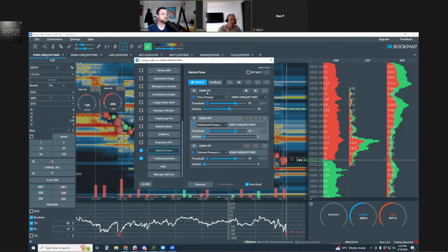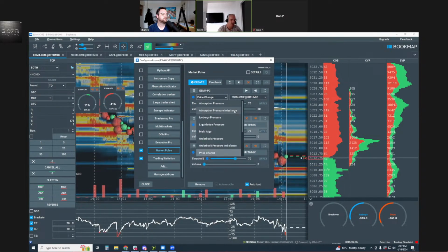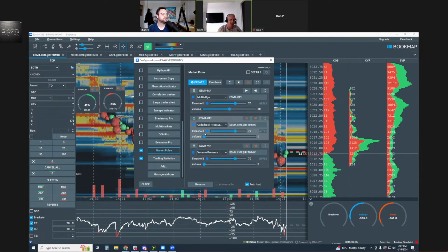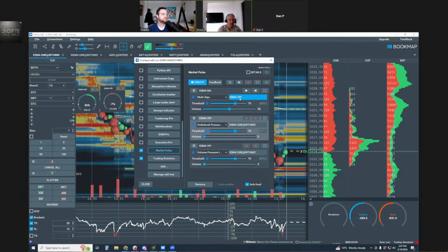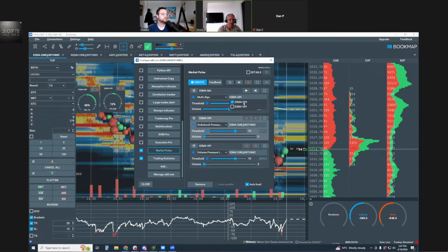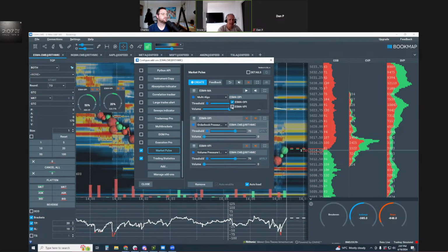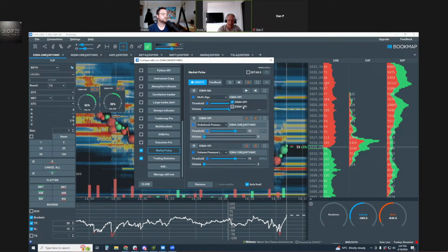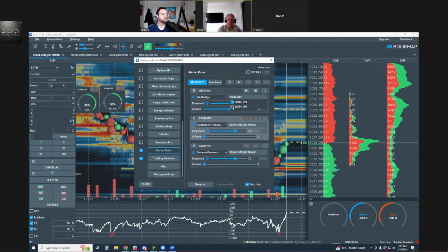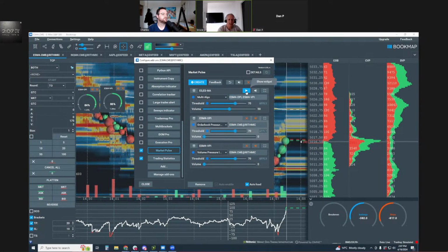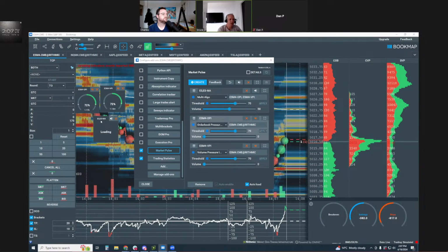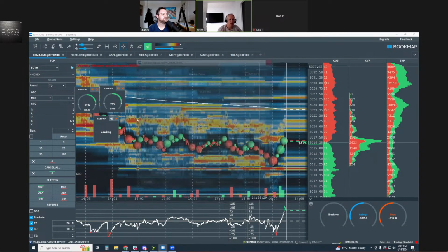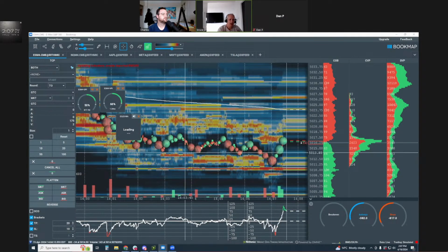Under the algo here, I select multi-algo, and it populates in this field. It shows me that I can select order book pressure imbalance and also volume pressure imbalance. Once I click play, it will show as one indicator, one Market Pulse widget.